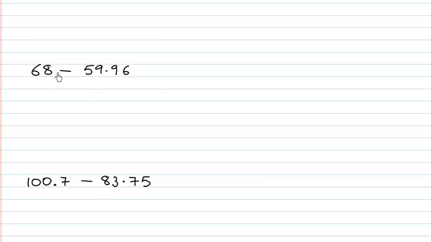Now let us do another one. Subtracting this time 68 and 59.96. Now if you look carefully, there is no decimal point in 68. So whenever there is no decimal point in any number, it is always located towards the end of the number. So we can understand this number to be as 68 point. So this is that point. Minus 59.96.